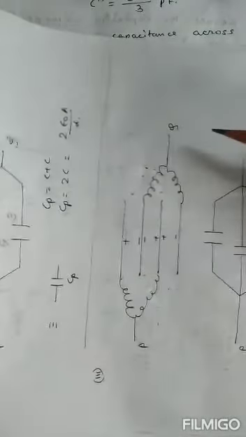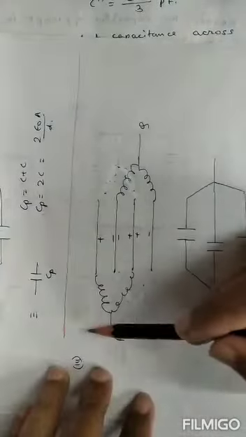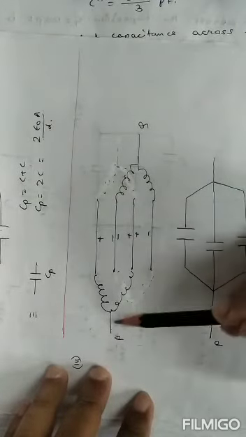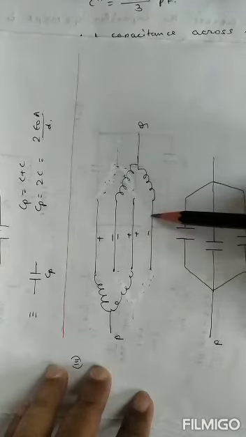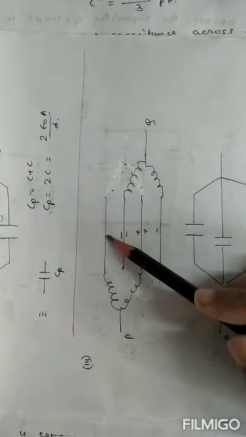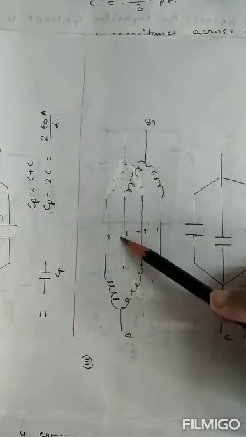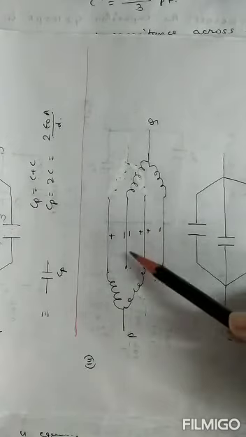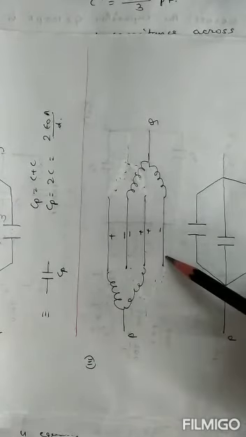Now, in the second capacitor, you just see, there are 4 plates, 1 and 3 connected to P and 2 and 4 connected to Q. So if I give the positive potential here and negative potential here, 1 and 3 plates get positively charged, 2 and 4 plates get negatively charged.